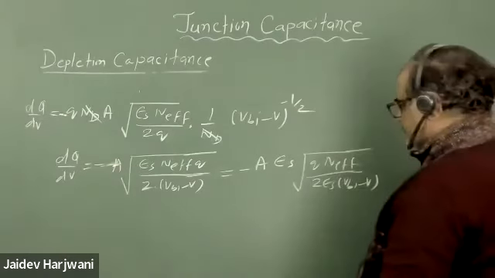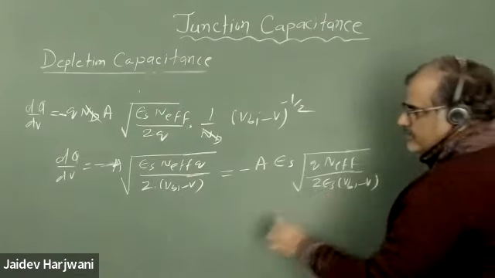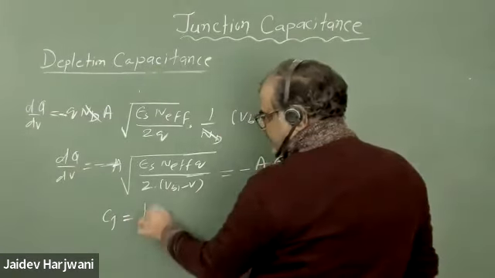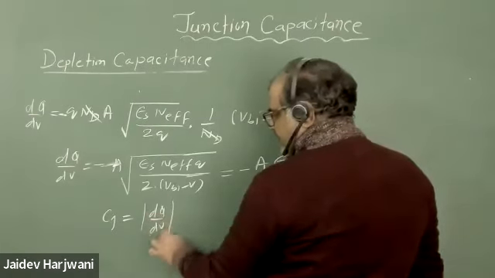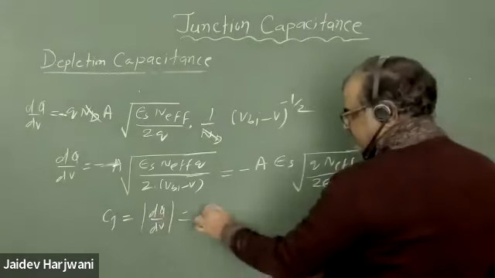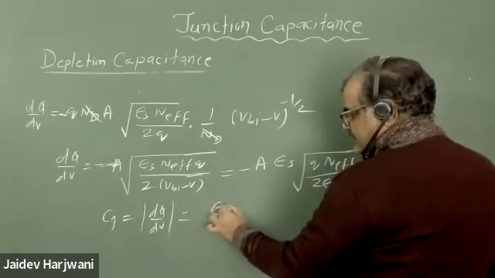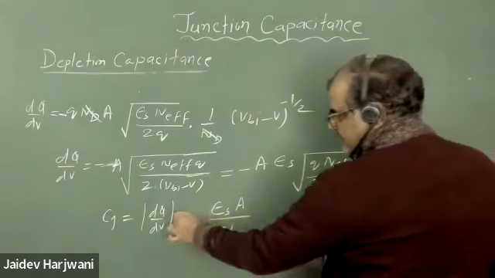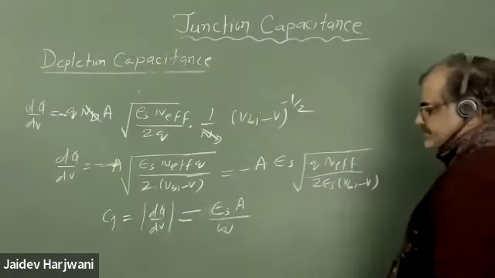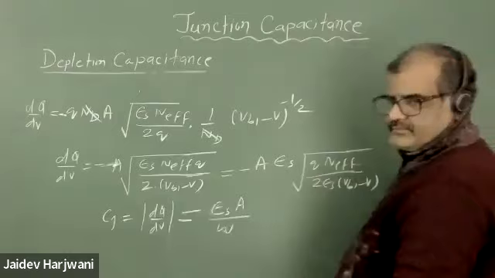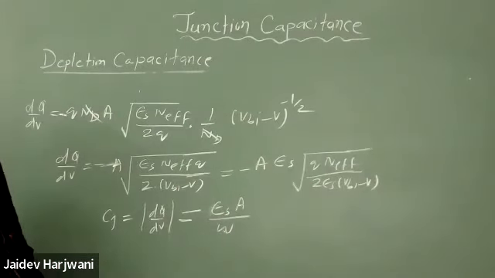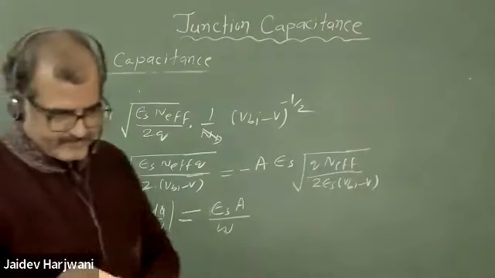Now this is W. So I find the depletion capacitance, C_j, is dQ upon dV. I can now remove the minus sign, so I have now ε_s A, and this whole expression is 1 by W. So this becomes like a parallel plate capacitor, isn't it? So this is the expression for your capacitance.